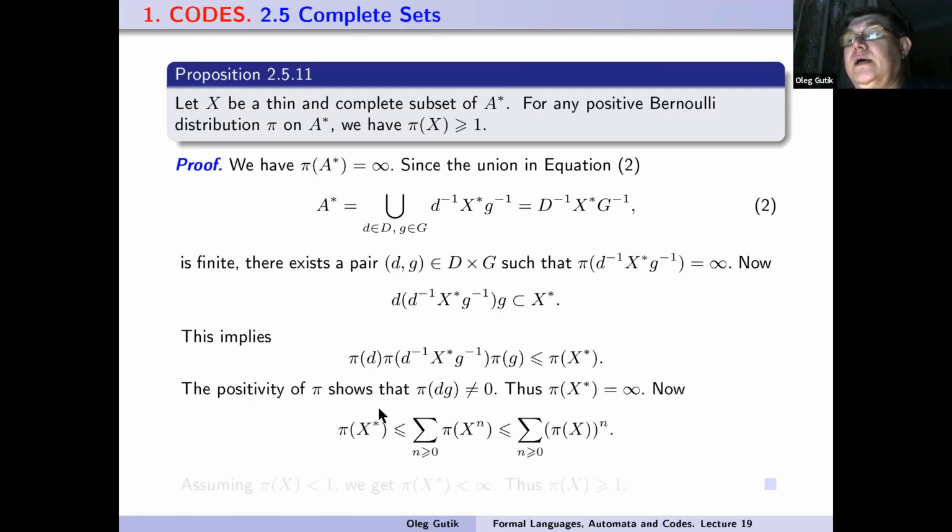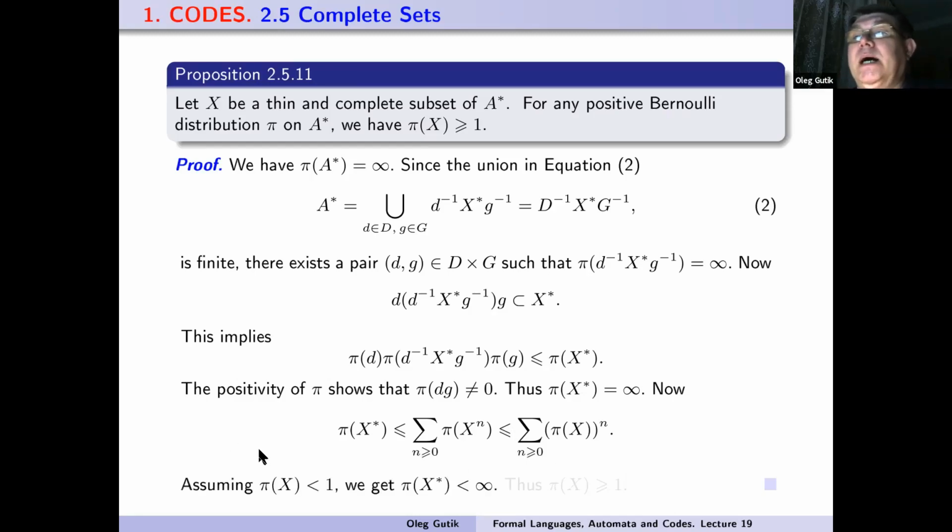Now, pi of X* is less or equal to the sum of pi of X to the power n, where n belongs to the set of non-negative integers.